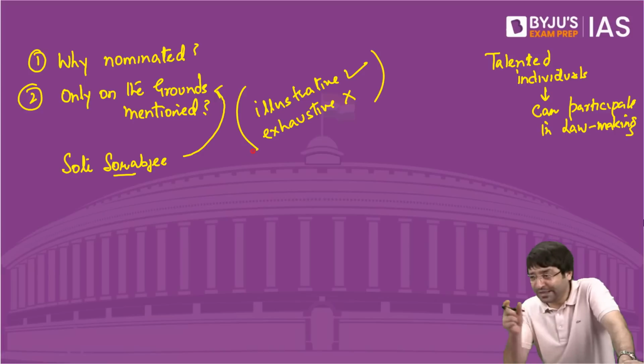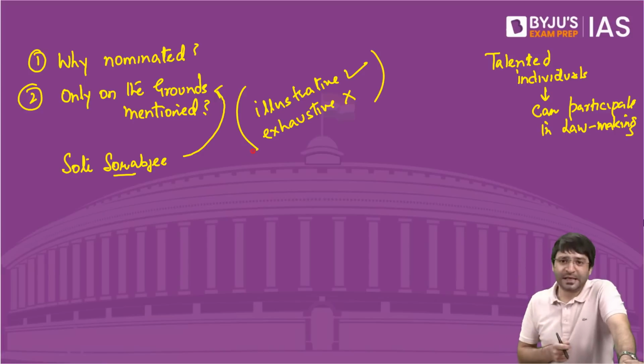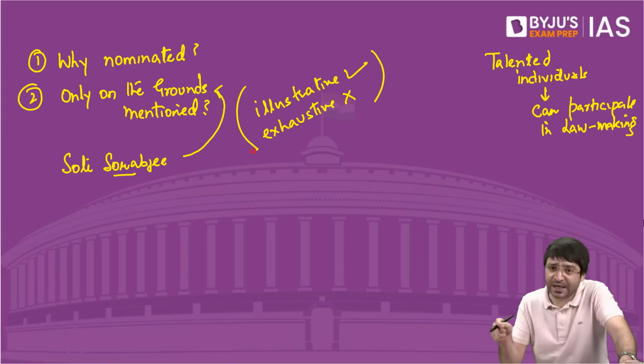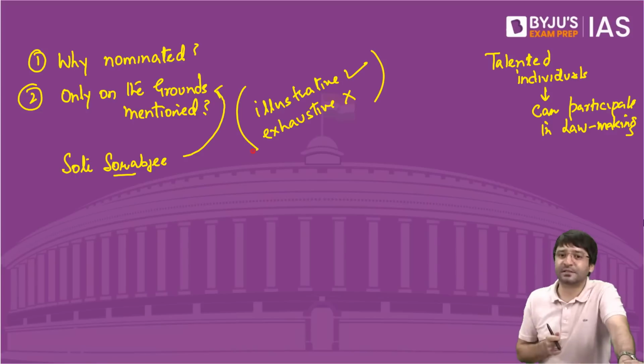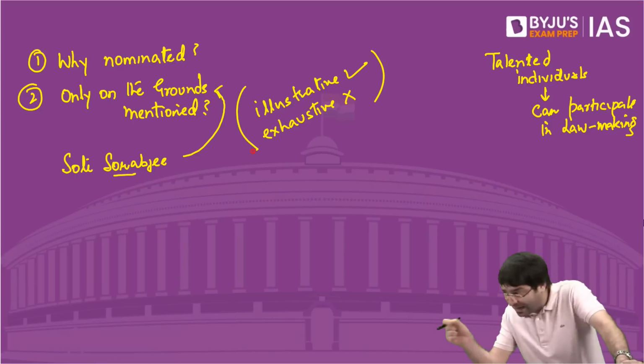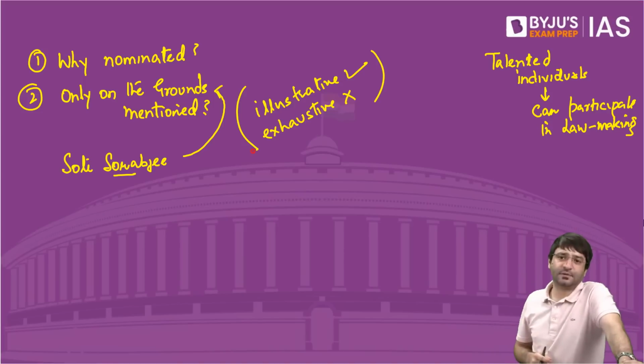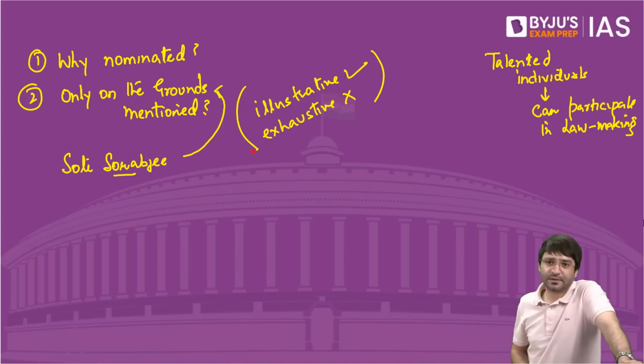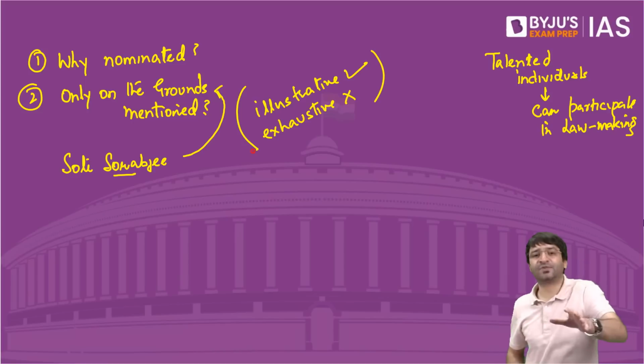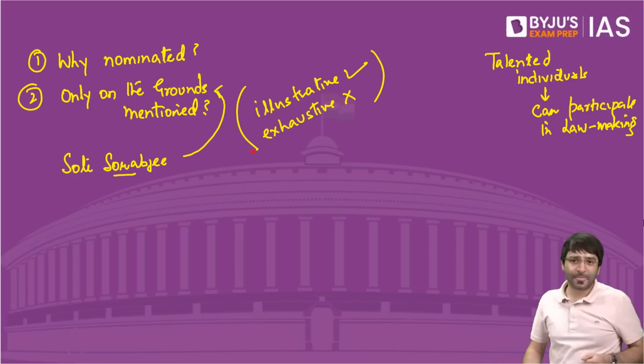But that doesn't mean it's an exhaustive list. That doesn't mean only from these areas the President can nominate 12 MPs. The President can nominate from other segments as well, from other areas as well, such as sports, such as any other criteria. That is how Sachin Tendulkar came to be nominated.